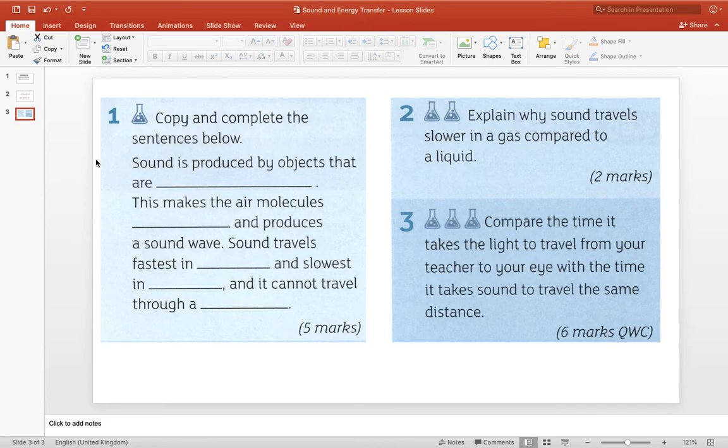For the first question, you need to copy out the sentences, filling in the gaps. For the second question and the third question, you need to write out the question before answering it in your books. Make sure you've got a green pen or a different coloured pen so that we can mark these in a moment. So pause the video now and start having a go at these questions, please.